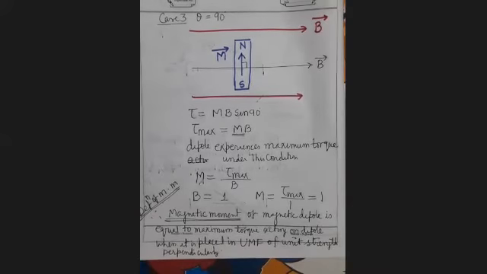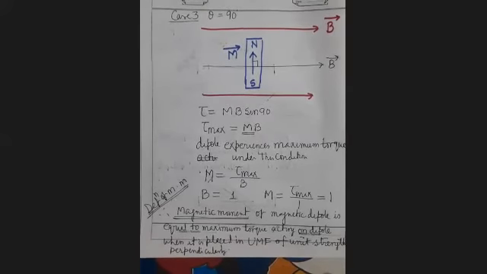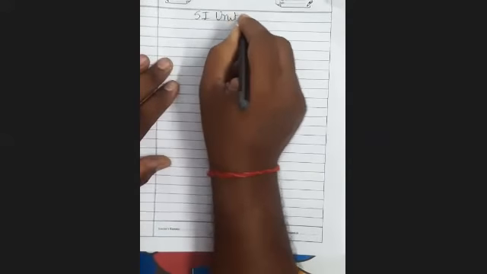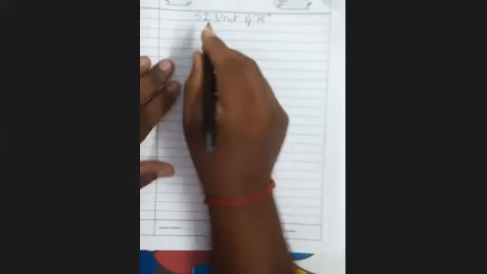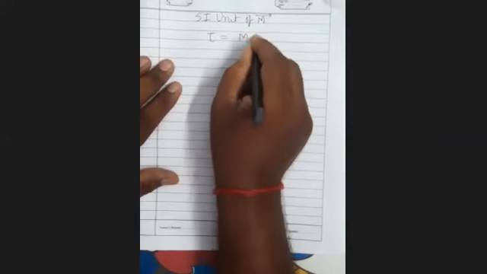Now from here we can deduce the SI unit of magnetic moment. So if you see here, what will be the SI unit of magnetic moment? Tau equals MB sine theta.